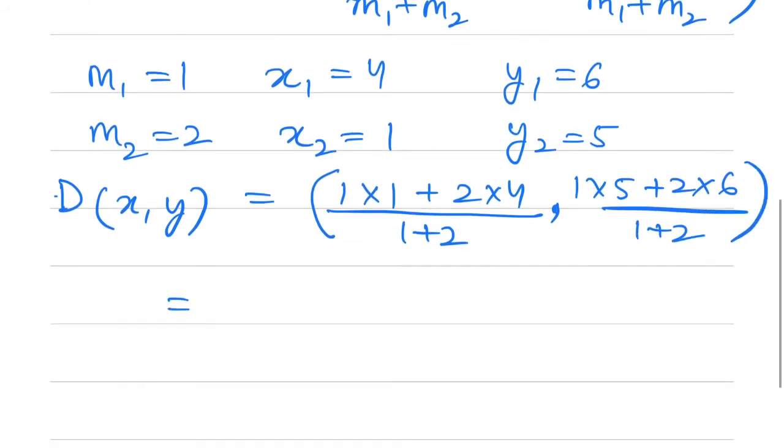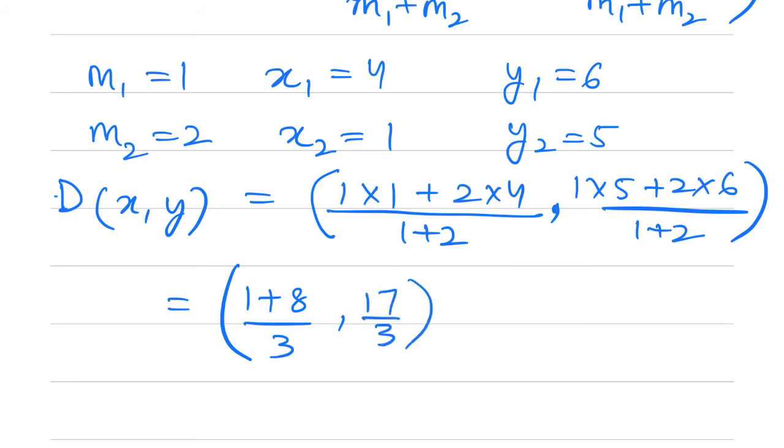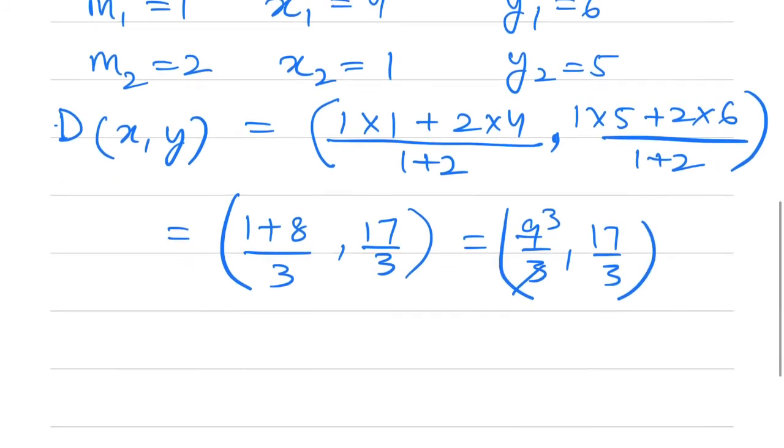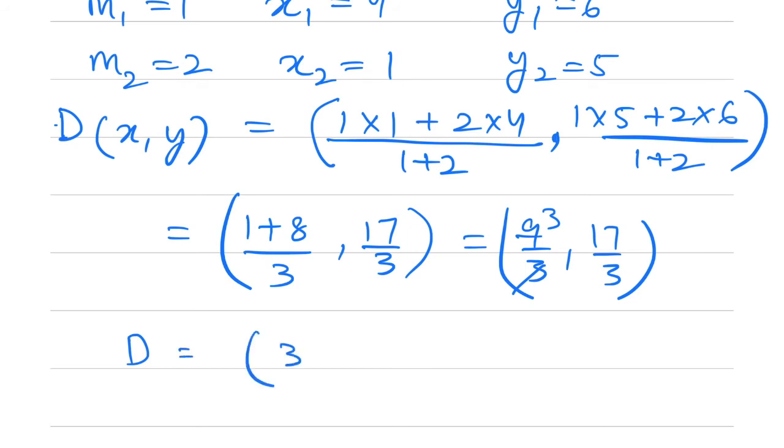So these are equal to (1 plus 8) divided by 3, and (5 plus 12), that is 17, by 3. So this is equal to 9 by 3 and 17 by 3. So coordinates of D are (3, 17 by 3).